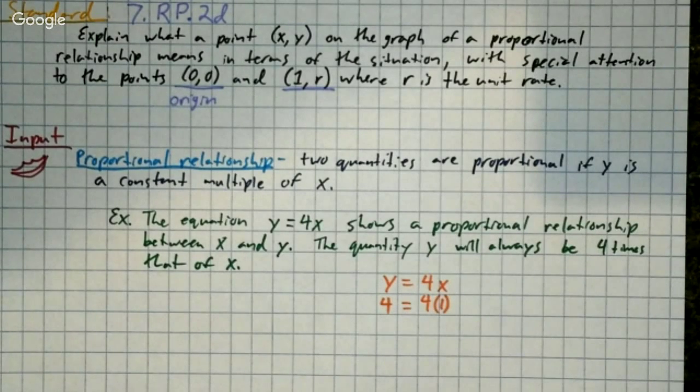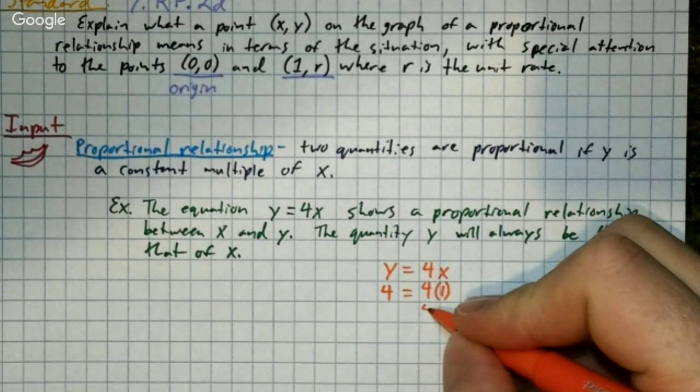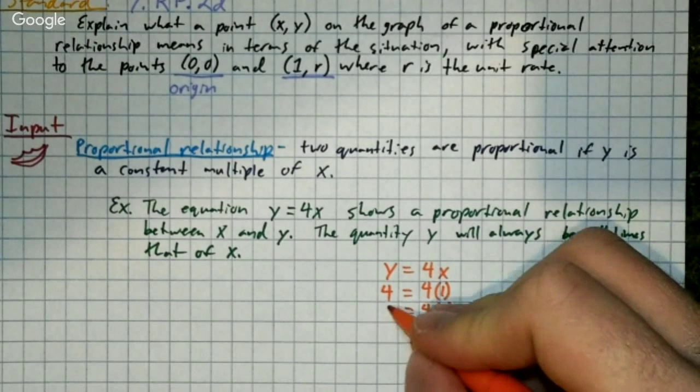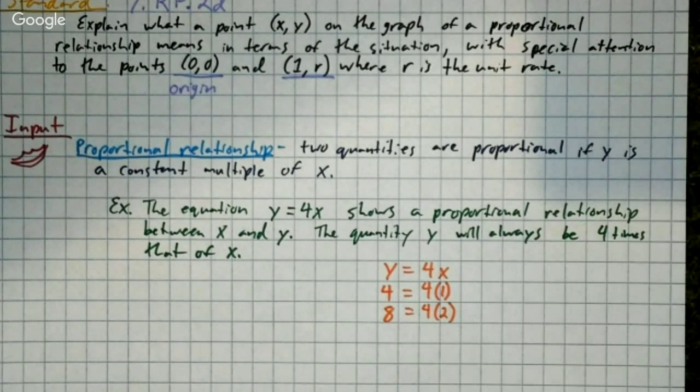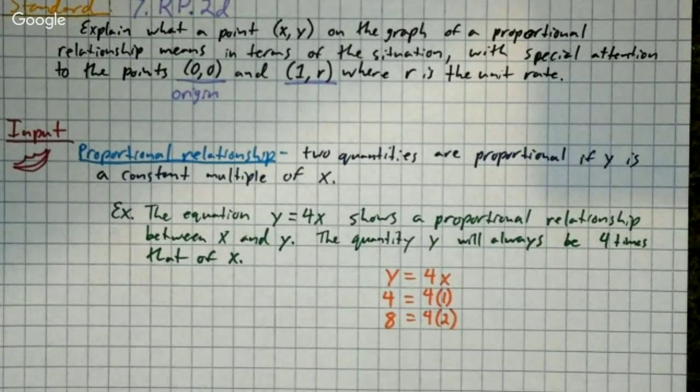So that proves that equation, and this is a proportional relationship so far. Let's try it again. 4 times 2 equals, what's 4 times 2? 8. So we are setting up that proportion. It'll work every time. The proportional relationship shows that if x equals 1, y equals 4. If x equals 2, y equals 8, and on and on.